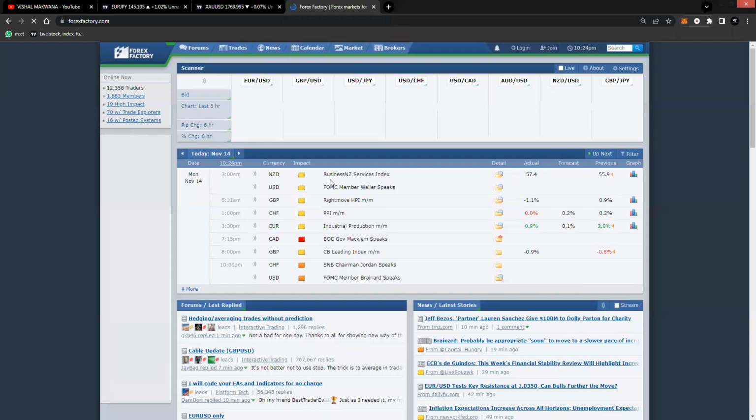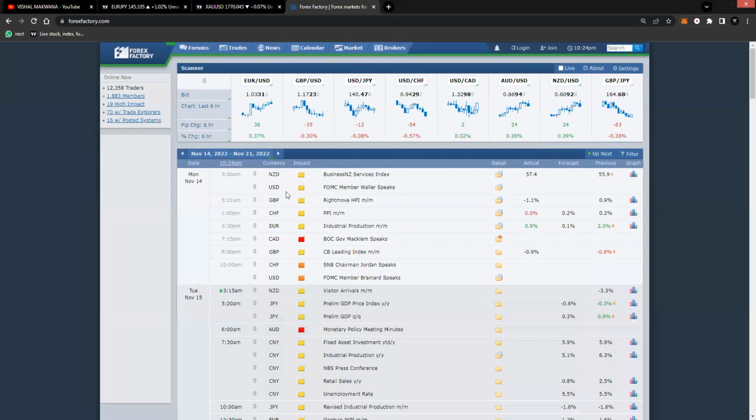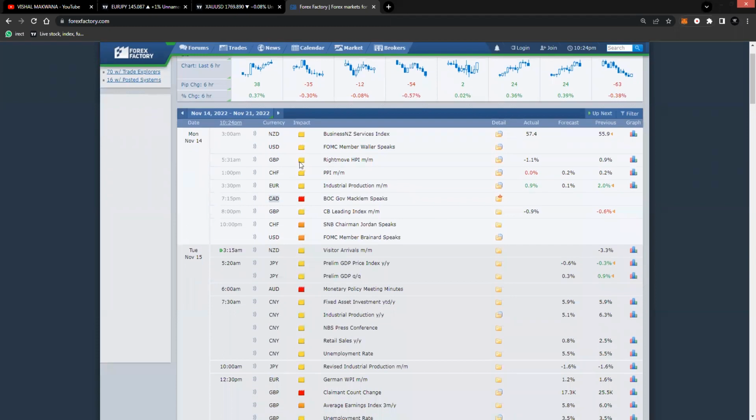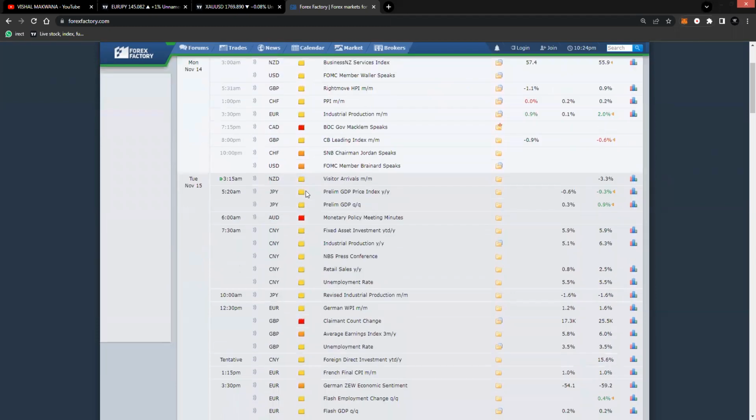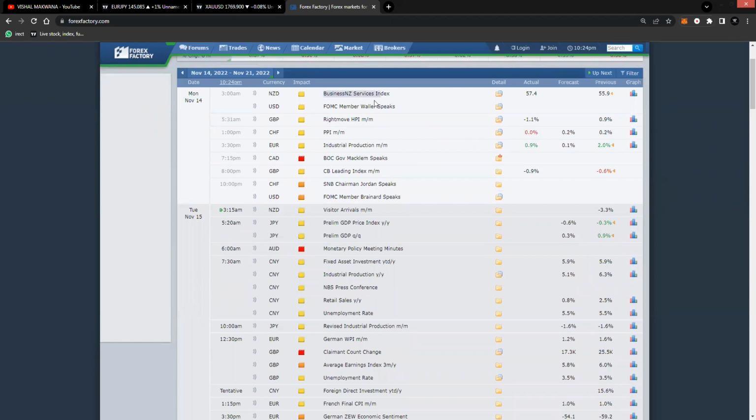Now, this Forex Factory gives us what kind of news, what kind of economic events are happening globally, and what currency pair will be affected by that. Now, there are different kinds of folders over here, different color folders, and these all are the news. Now, the color of these folders has meaning. There are majorly four types of colors you will find in this folder. One is yellow, one is orange, red, and gray.